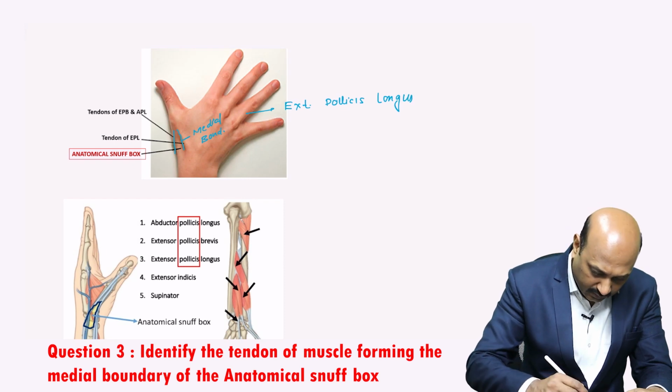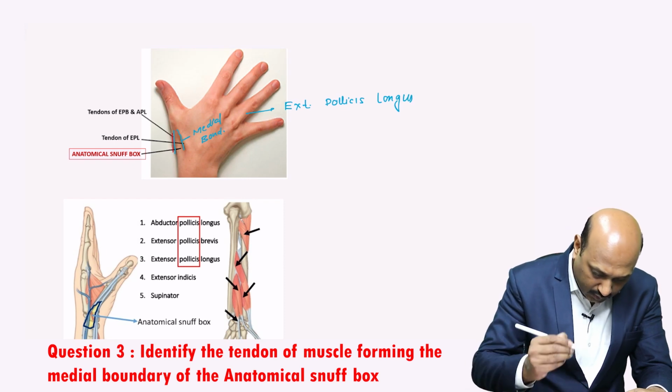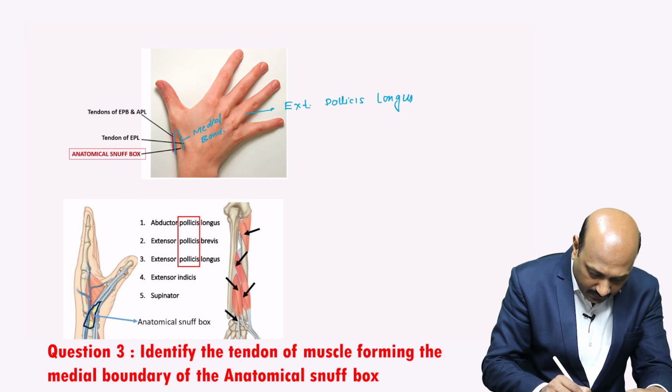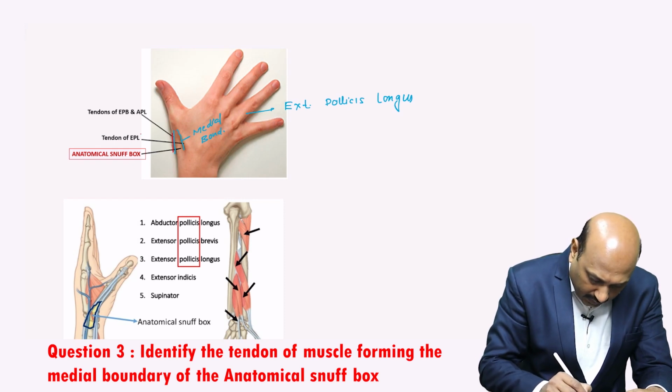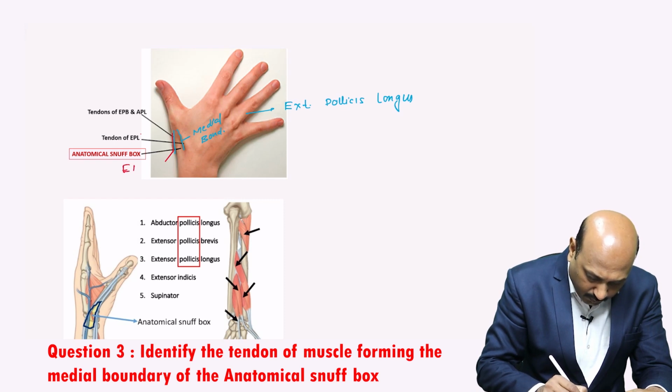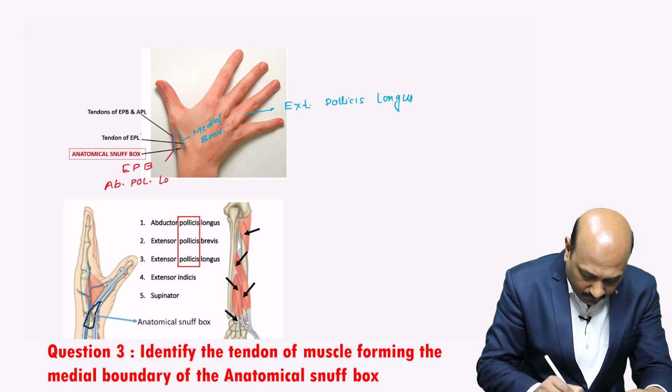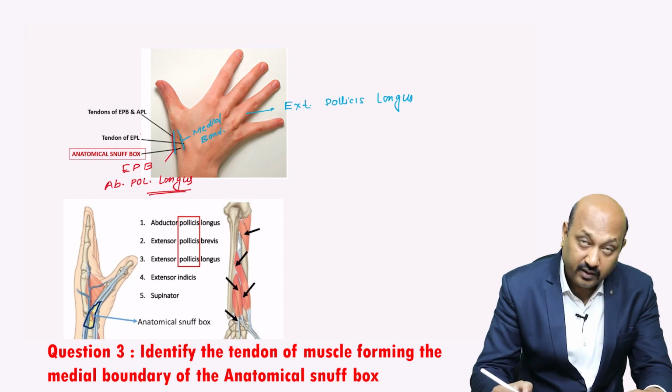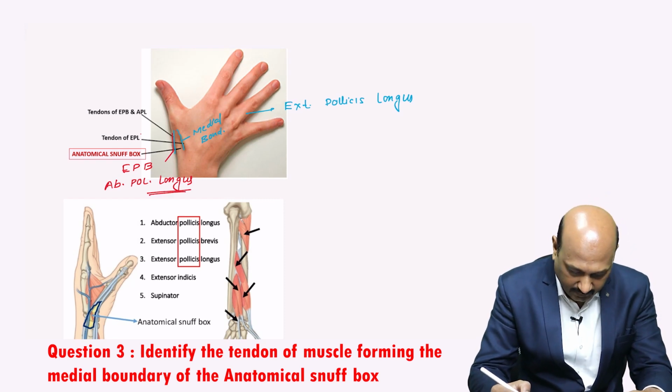And the lateral boundary is by two tendons, the extensor pollicis brevis and another muscle, the abductor pollicis longus. So these two tendons make the lateral boundary of this anatomical snuff box, right?